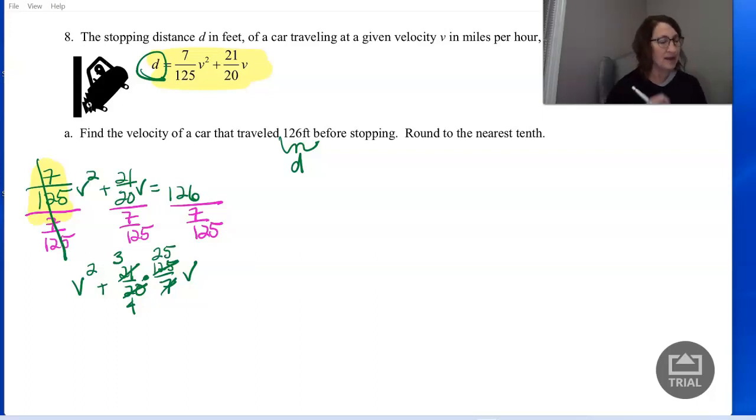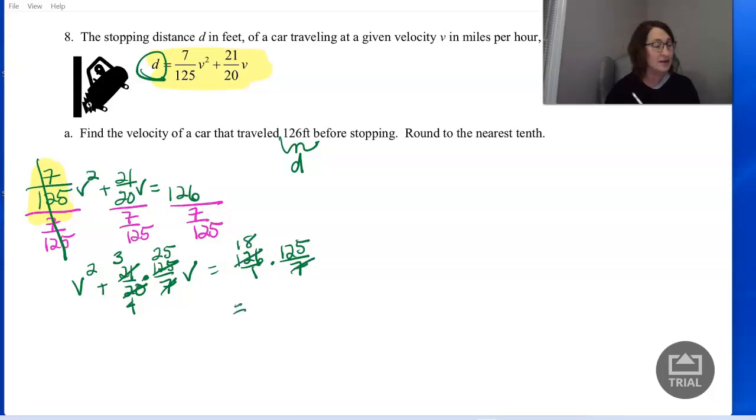And so now, let's do the same thing on the right. I've got 126 over 1 times 125 over 7. On that side, 7 goes into 126, thank goodness, an even amount of times, 18 times.